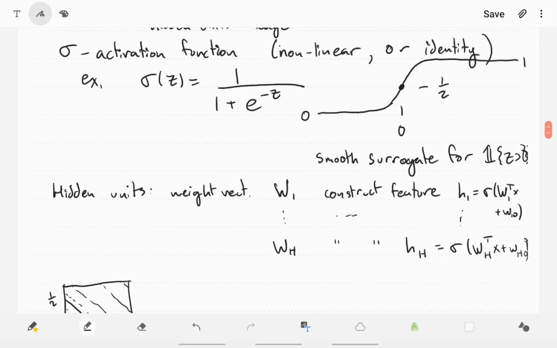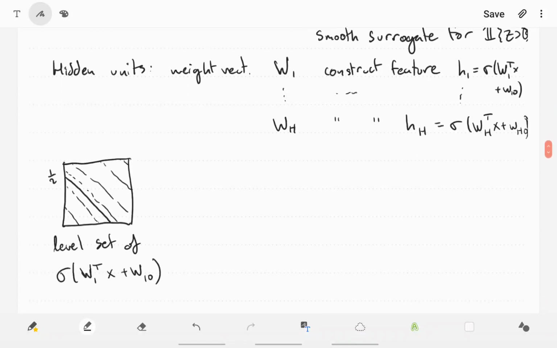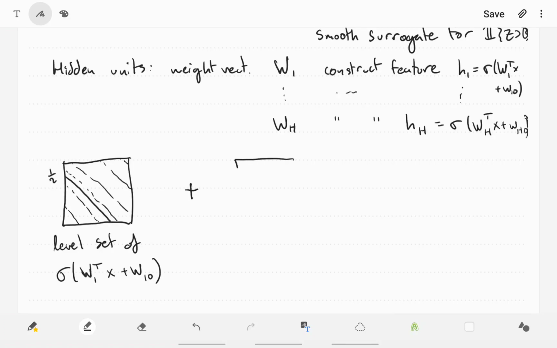It has the largest elevation change around 1/2, when its level is 1/2. And then you have that it has much smaller changes as you get away from this 1/2 decision boundary, or the 1/2 level set. And so if you think about a different activation function, it might look more like something like this. This could be 1/2.